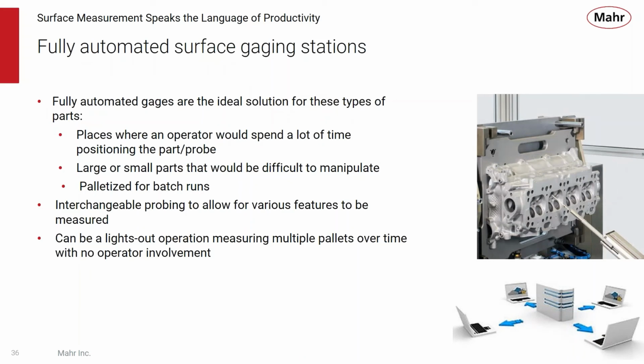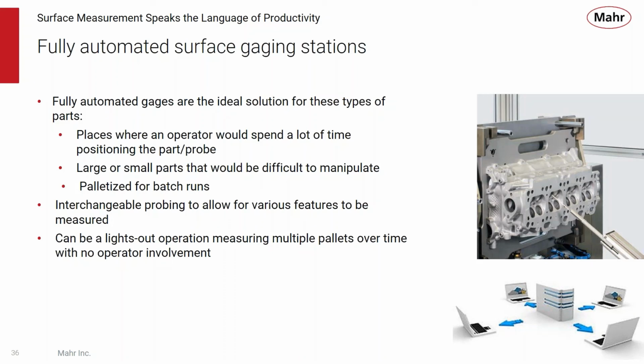And we can also offer fully automated surface gauging stations, really for the industry of the future, for lights-out operation. These are fully automatic gauges that are an ideal solution for these types of parts. You know, places where operators would spend a lot of time positioning the part to a probe.